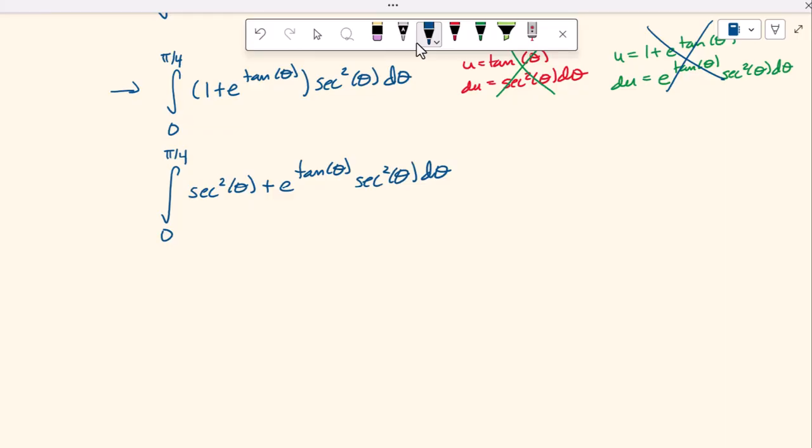Okay, this looks good. I'm going to split this up into two separate integrals, because I'm going to have two different techniques, and I don't want the different techniques to get confused.